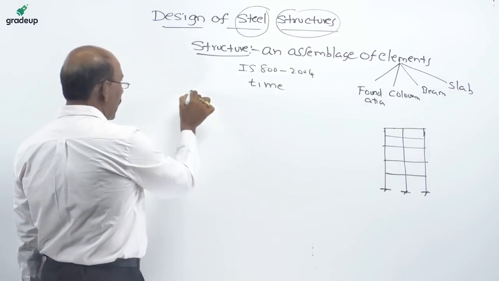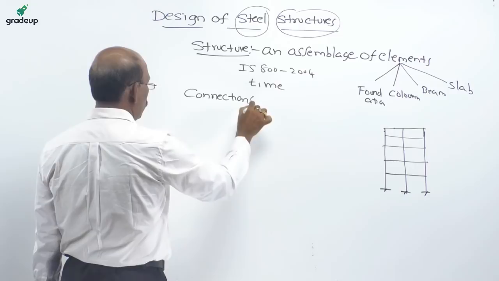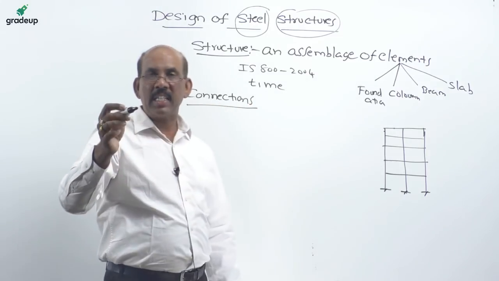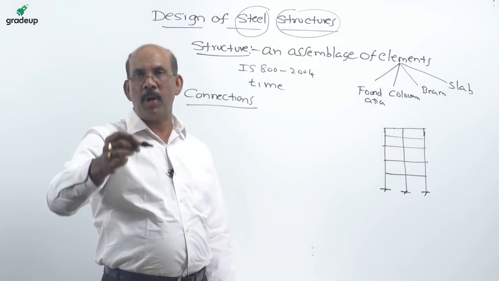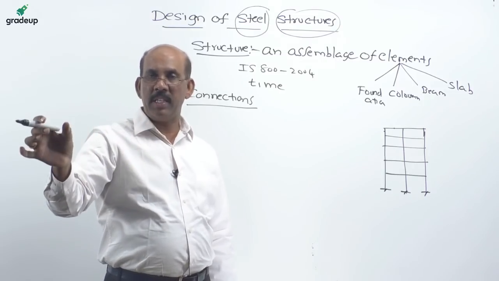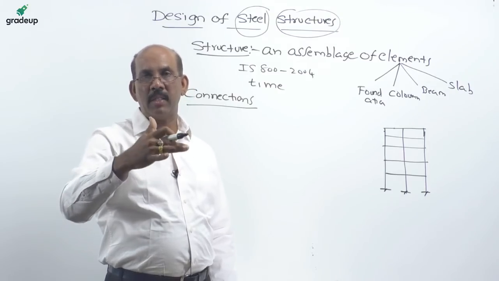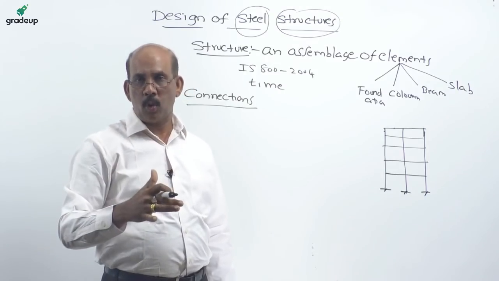As far as connecting these particular elements, steel connections play the most important role. Even though the design is very good, if the connection is not proper, the whole structure is going to collapse.